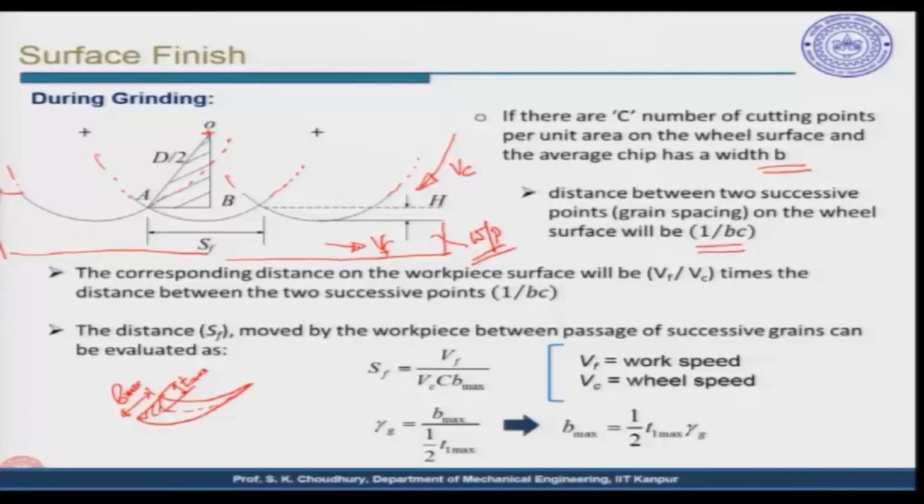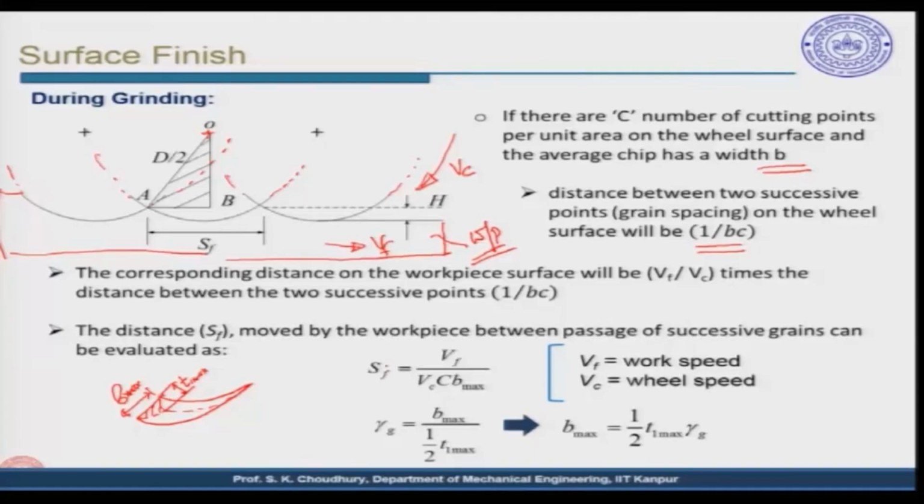So, the corresponding distance on the workpiece surface will be Vf by Vc times the distance between the two successive points, which is 1 by Bc. Now, this distance we will call Sf on the workpiece, that is the distance moved through the successive grains on the workpiece.